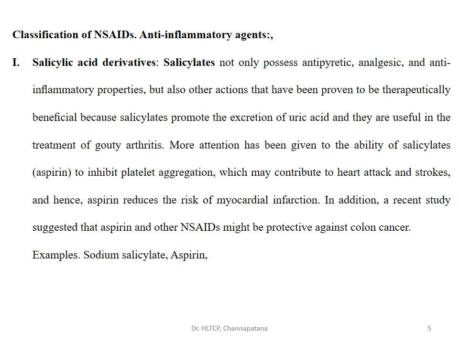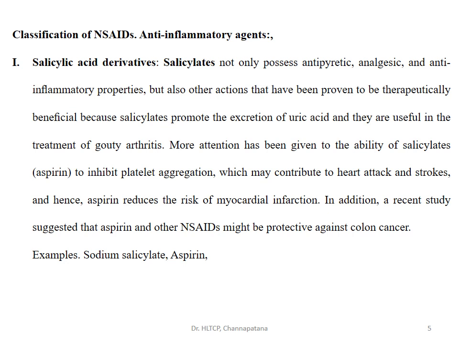If we see the classification of NSAIDs, the first category is salicylic acid derivatives, that is salicylates. Salicylates have more uses. They possess antipyretic, analgesic, and anti-inflammatory properties. Along with that, they have proven therapeutically beneficial in gout, inhibiting the formation of uric acid, and are used in arthritis and gout.